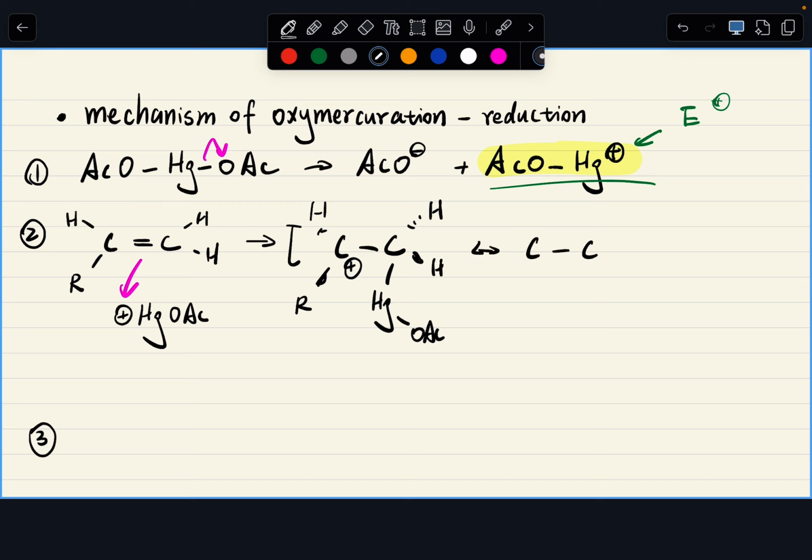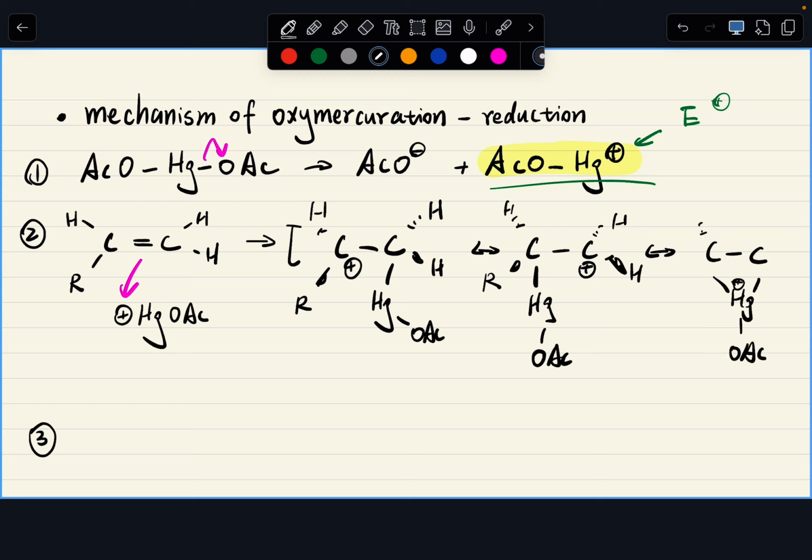Resonance to the other carbon-centered positive charge, with HgOAc. And then again, resonance with the carbon-carbon Hg+ OAc.